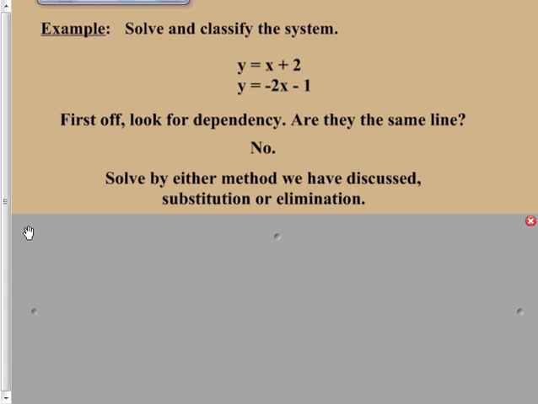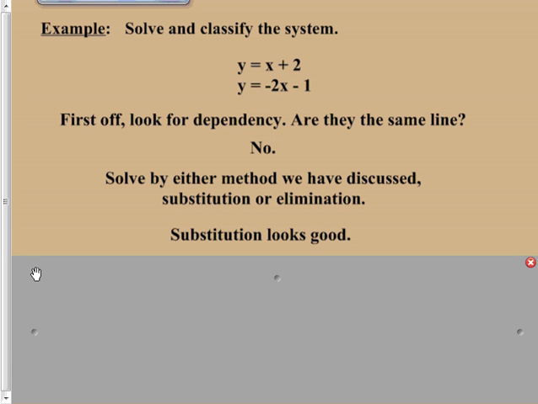What do you think about this system? Would it be easier to do substitution? In other words, is a variable already isolated? Or would it be easier to do elimination, where you have a coefficient from one and a coefficient from the other equation, where they are the same value but different signs? Clearly, substitution looks very good for this problem.